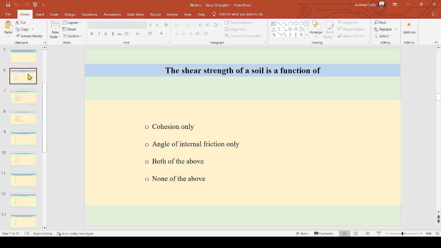The shear strength of a soil is a function of. The simple question. The options are cohesion only, angle of internal friction only, both of the above, or none of the above.